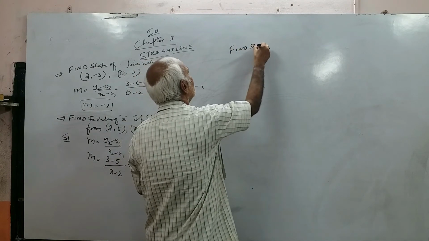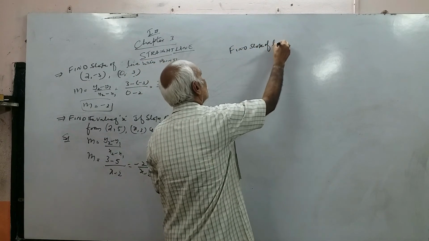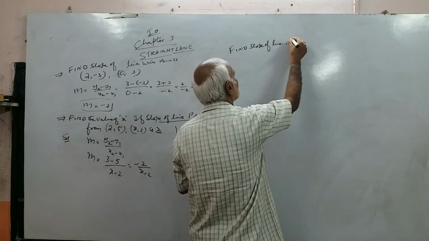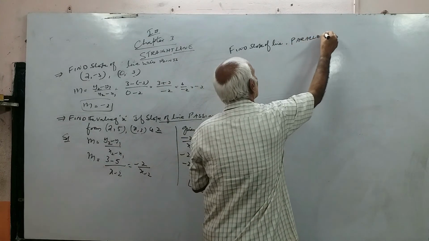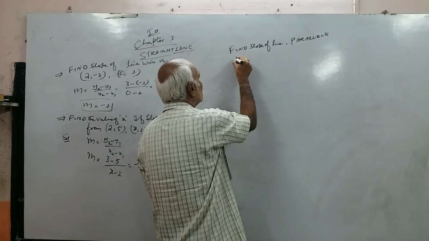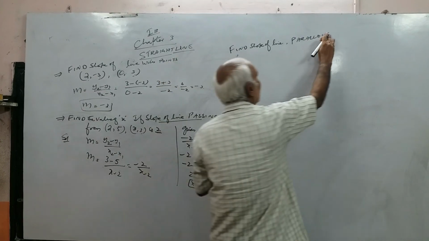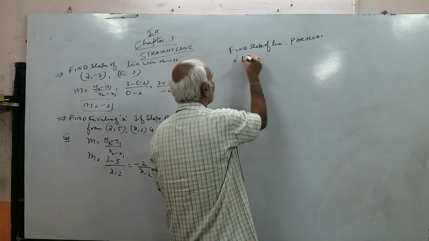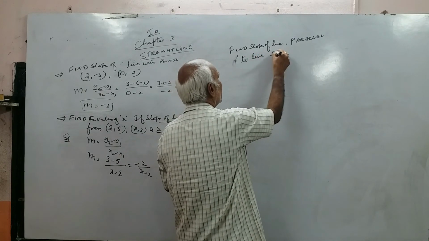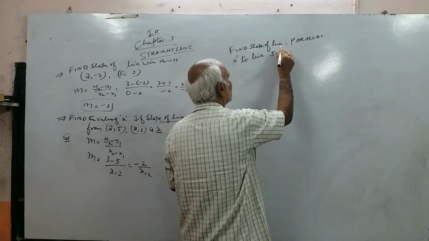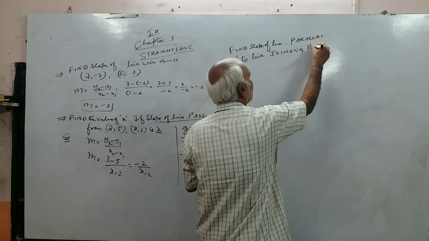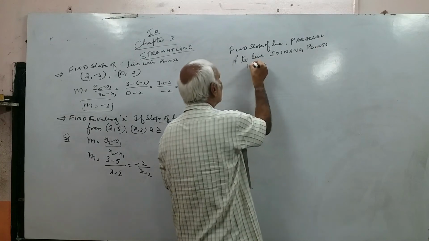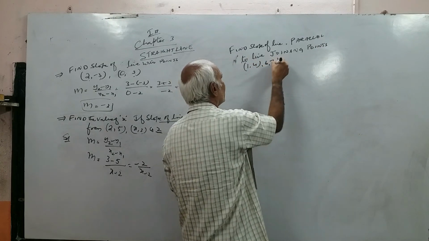Find the slope of the line parallel to the line joining the points 1 comma 4 and 6 comma 7.